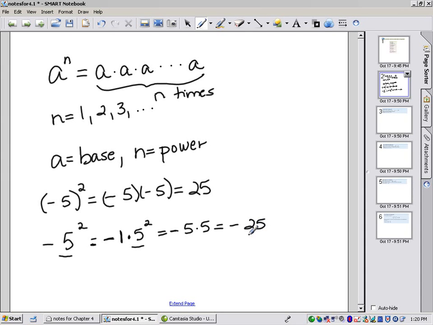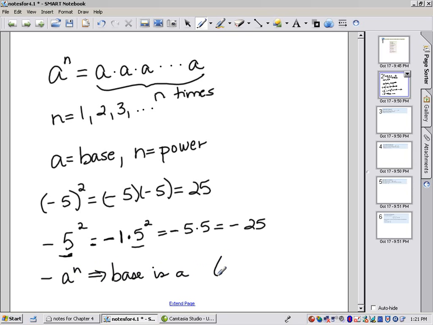The base, if there are no parentheses, is the number or expression immediately to the left of the exponent. If there are parentheses, then the base is everything inside those parentheses. So a key thing to remember is that if you have the expression the opposite of a to the n, the base of that is just a.